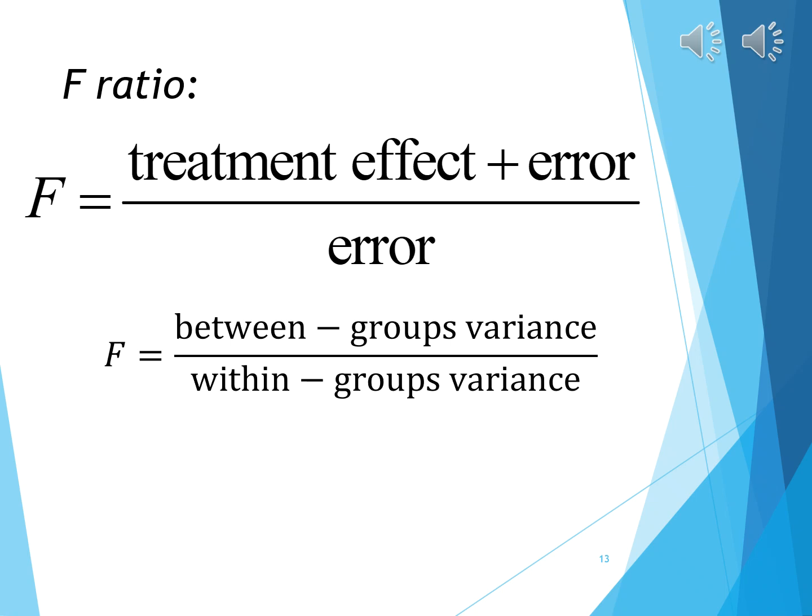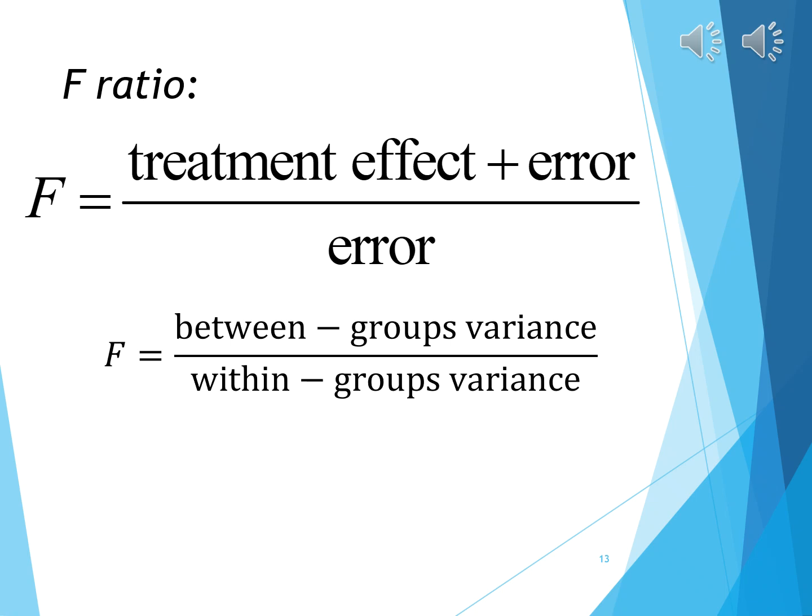Let's talk about what those terms mean. So follow me on the logic of what we're doing here. If we have a large number on the numerator, the between groups variance, which is how different all of these groups are from the overall group mean, the grand mean essentially, and we can show that that's a very large number, meaning there's a lot of difference between the groups, versus a fairly small number on the denominator, which is within groups variance, and that is basically just variance within each group that's due to random chance.